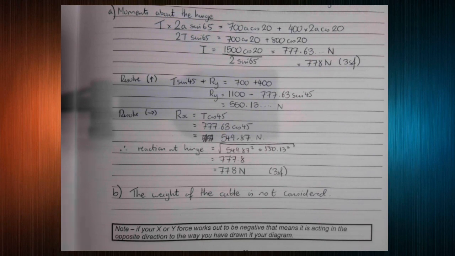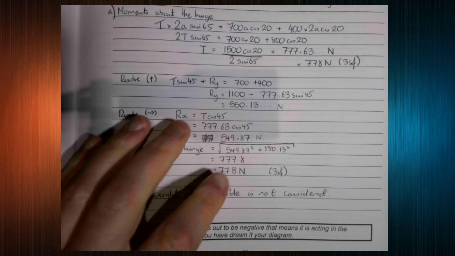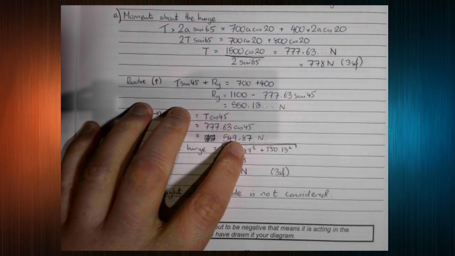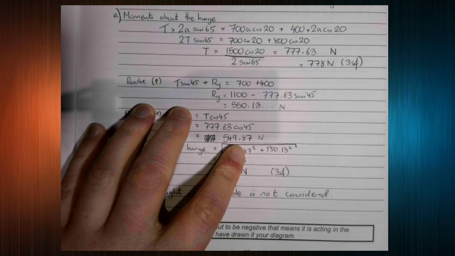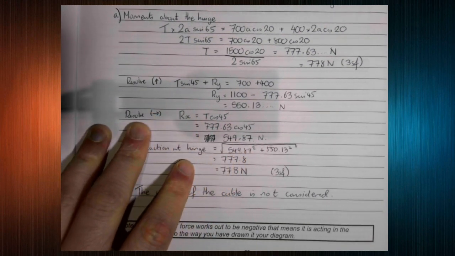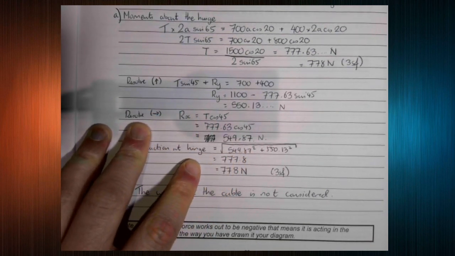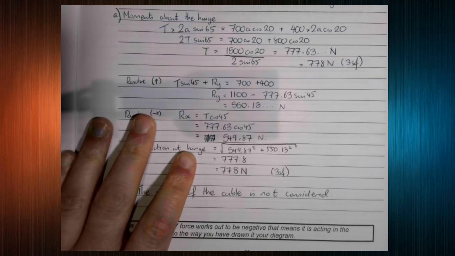And we're done. So that's three examples of hinge questions. Realistically, if you can follow this one and understand, or just remember that the reaction of the hinge has two bits, then you should be fine.